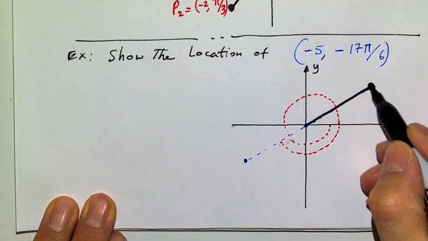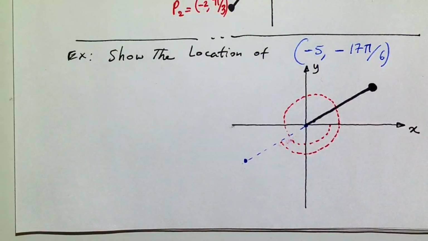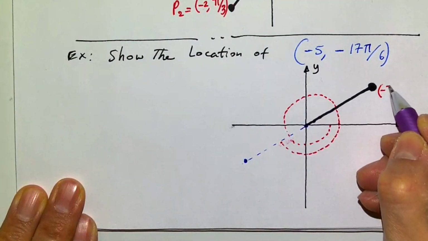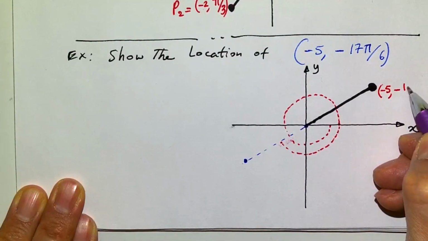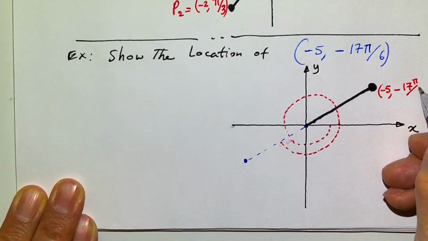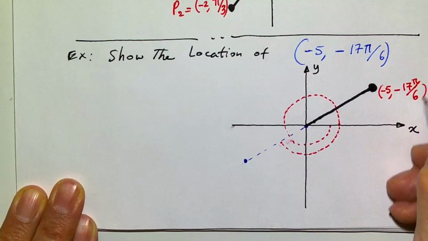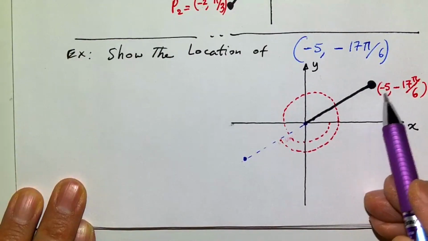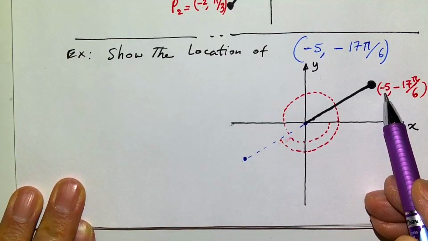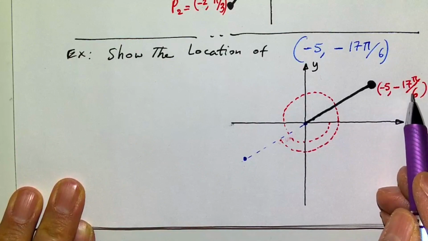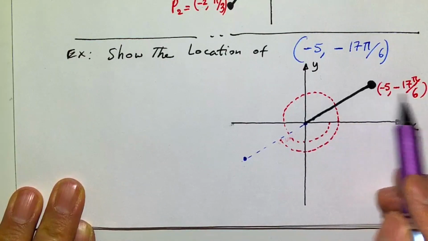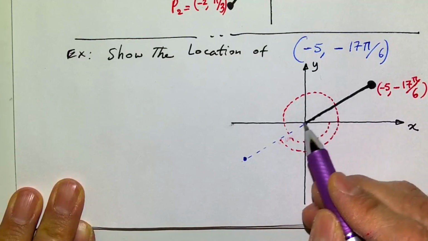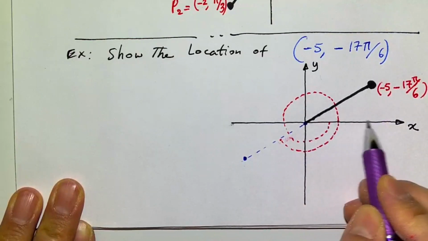Okay, so that point is where we are, where that angle is. So this is (-5, -17π/6). Again, you see how important it is to know how to handle negative r values, because this is certainly not the angle between the terminal side and the positive x-axis.